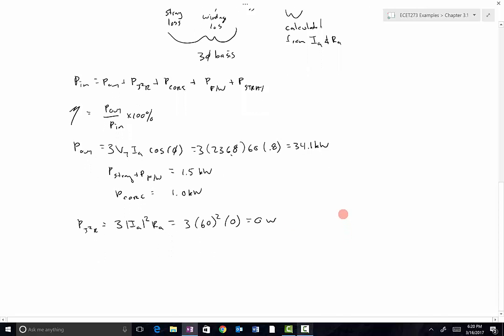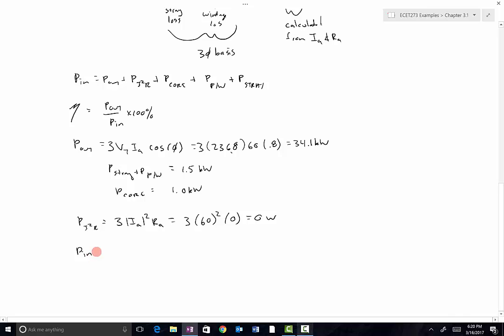I can determine the input power necessary to power this generator at this load just by adding all these up: 34.1 kilowatts plus 1.5 kilowatts plus 1 kilowatt.